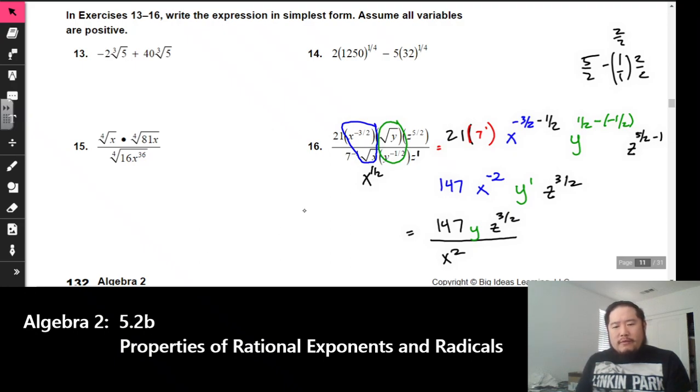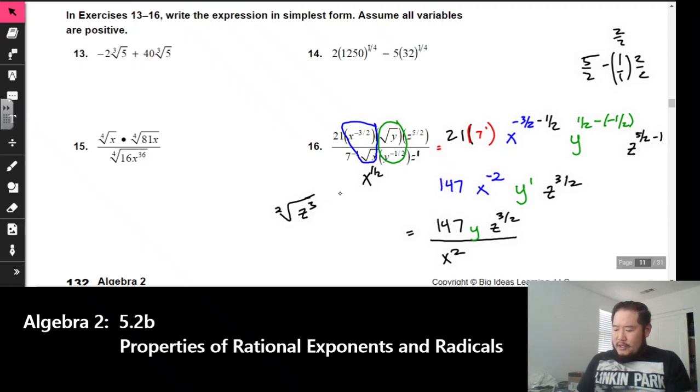We might be able to simplify it a little bit further. As a side note, to think that this problem is already done or doesn't have any more to it, there actually is. Looks like I could rewrite that as the square root of 2z to the third. And I could actually split this up. Now, I can't take the square root of an odd exponent.